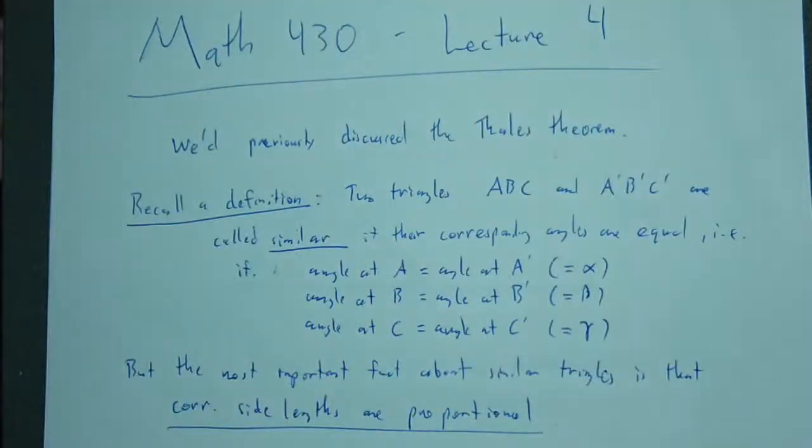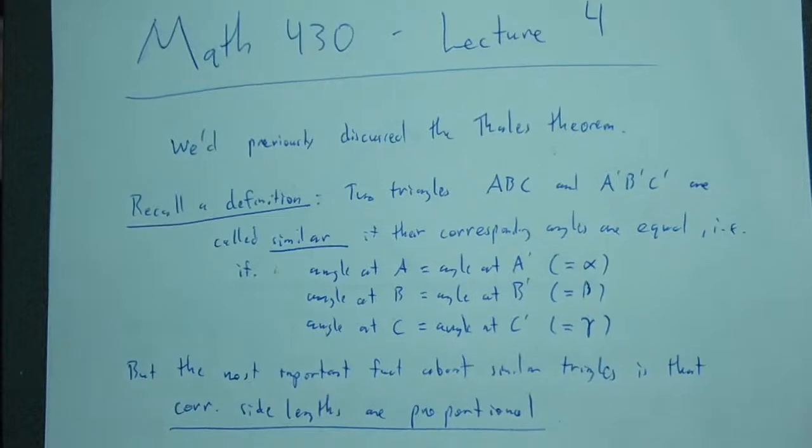That is essentially what's going on with every similar triangle here. So corresponding side lengths are proportional, and this is the key defining property that we care about for similar triangles.